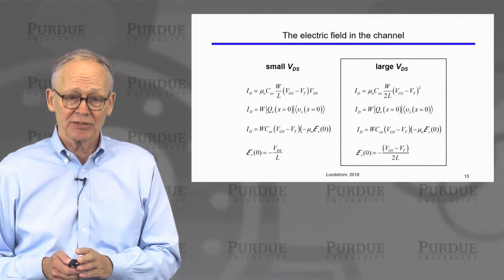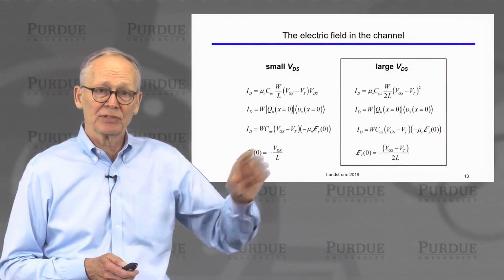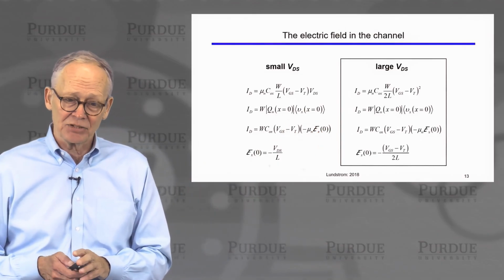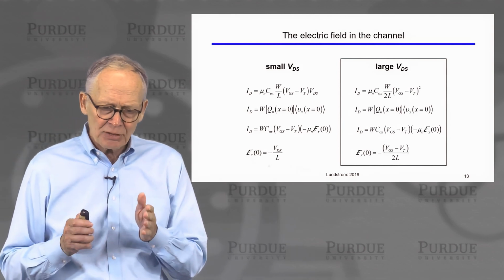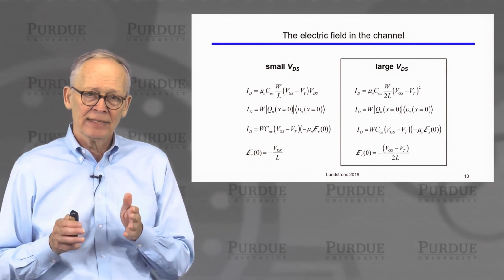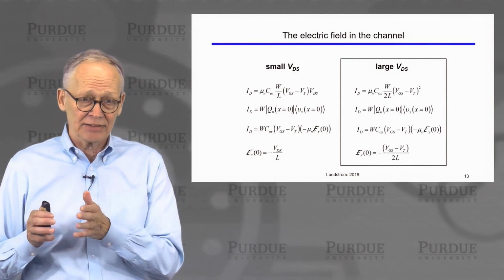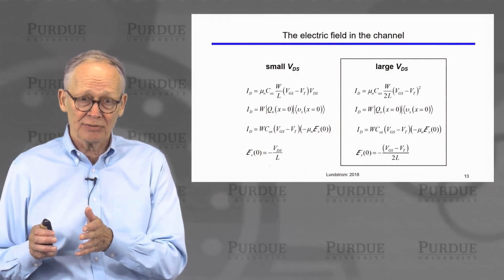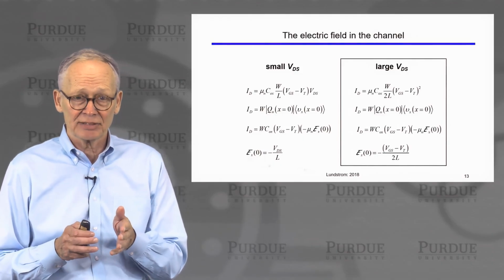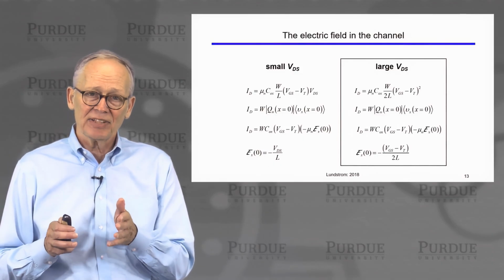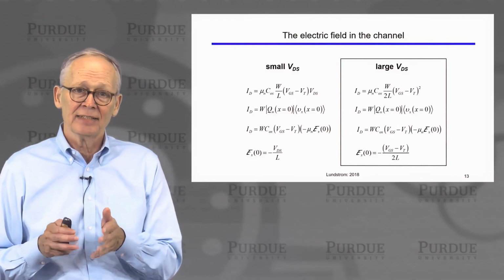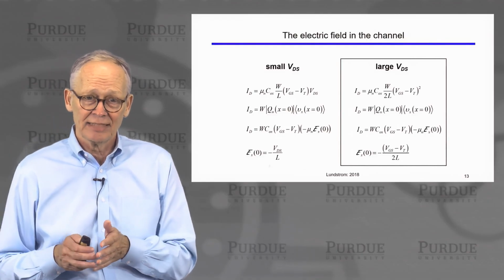Put these expressions together, and we get an expression for the electric field at the beginning of the channel. Now, the voltage across the channel is Vg minus Vt at the drain end, where it's pinched off, and it's 0 at the source end. So you might think that the electric field is just Vg minus Vt divided by the length of the channel.